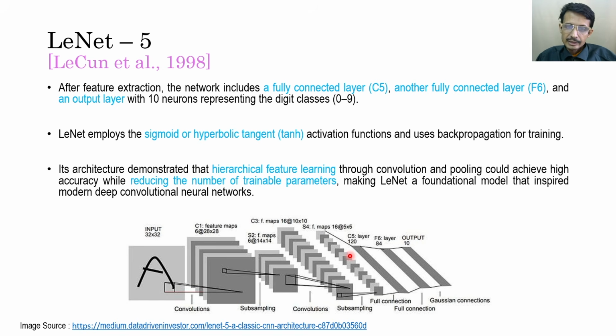Through convolution and pooling, it can achieve high accuracy while reducing the number of trainable parameters. That is the major thing this kind of network does. And LeNet is not that deep, but it's a foundational model that inspired modern deep convolutional neural networks.